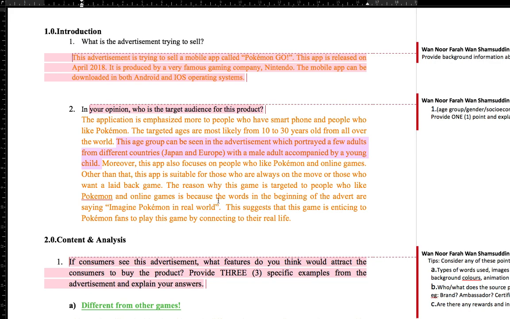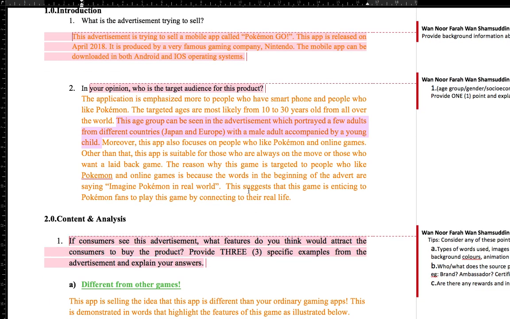So for each point that you are going to say, please back up with an explanation that you can obviously see. Another reason that I said that this game is targeted to people who like Pokemon and also online game is because of the words imagine Pokemon in real world. This suggests that the highlight of this sentence is definitely Pokemon.